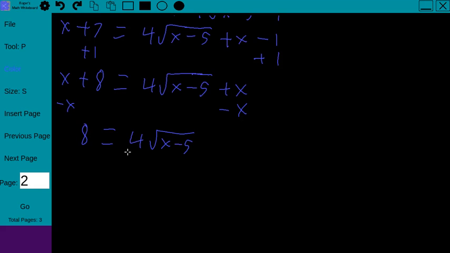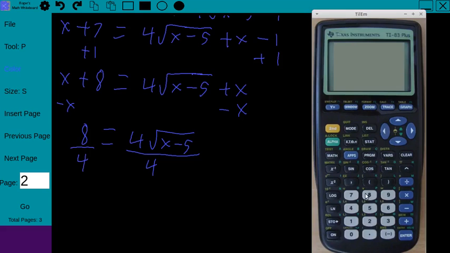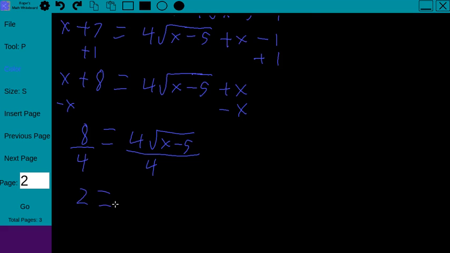So what we can actually do here is undo the multiplication between this 4 and this radical piece by just dividing both sides by 4. And 8 divided by 4, I think that's 2. Pretty sure. Okay, so we're going to have 2 equals square root of x minus 5.